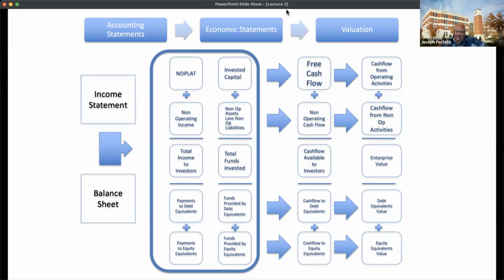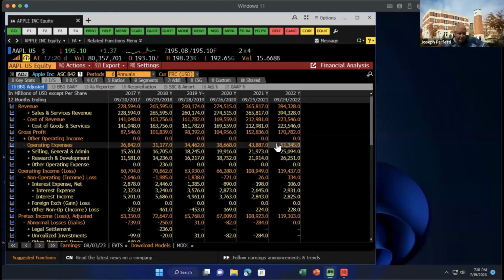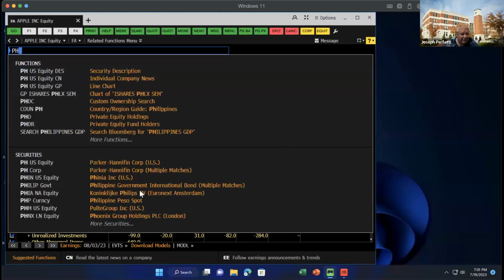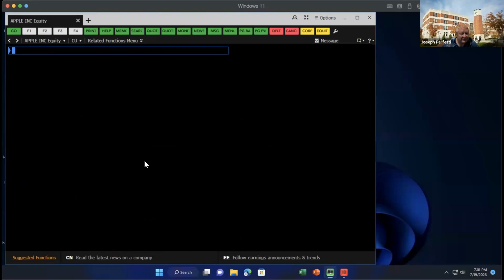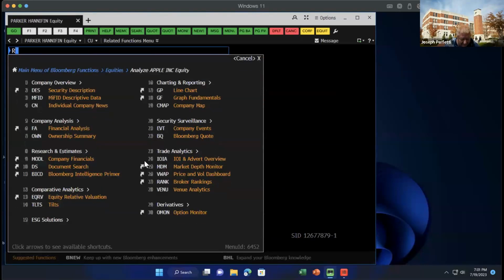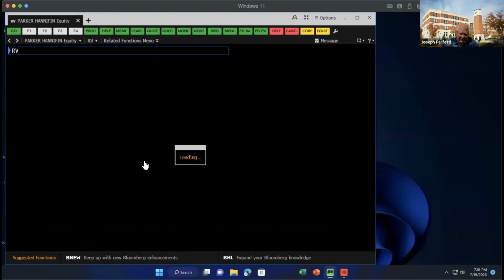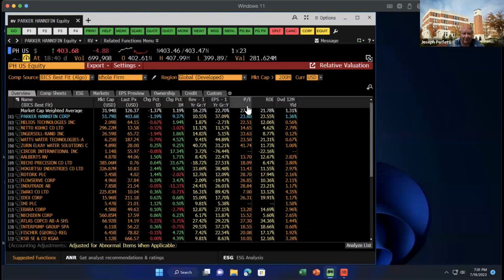By the way, let's say the company I work with is called Parker Hannifin. Let's say you're valuing Parker Hannifin, which is a multinational maker of valves and parts, mostly for the aerospace industry.